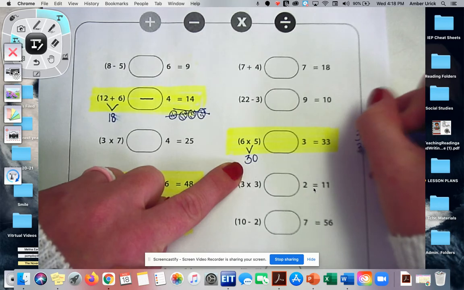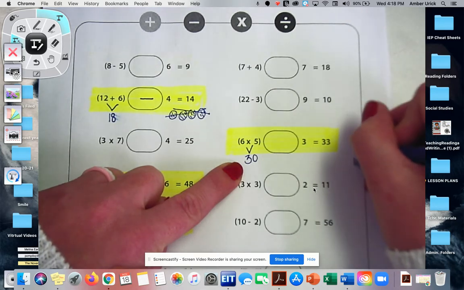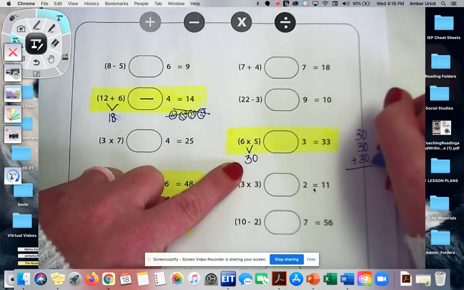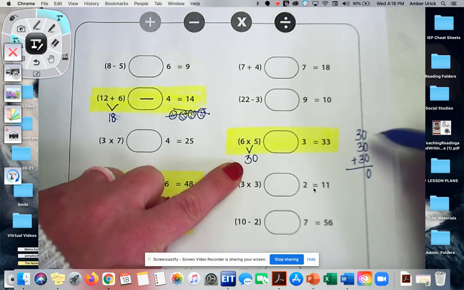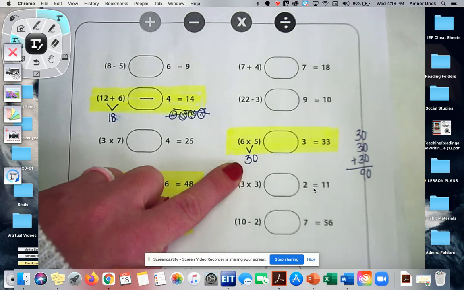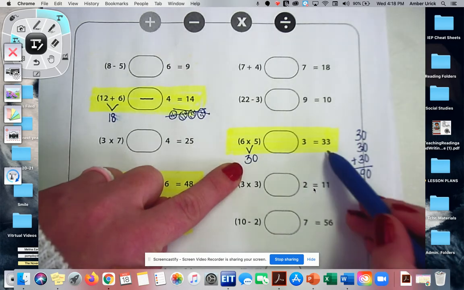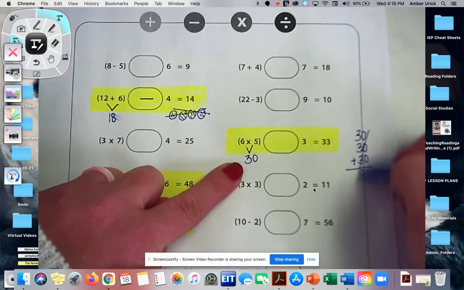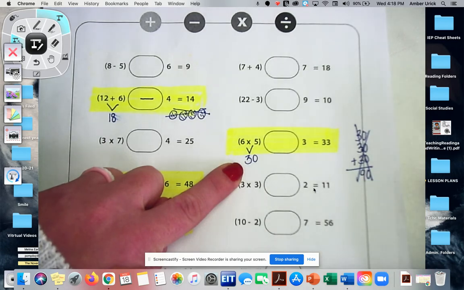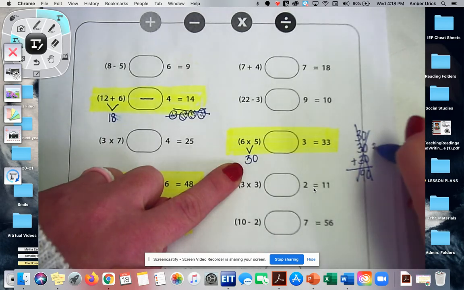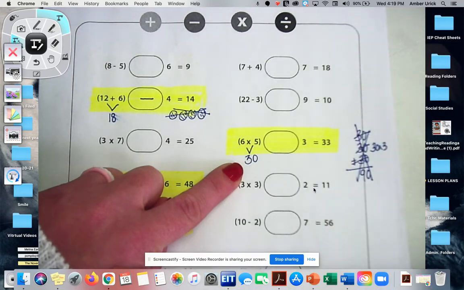30 plus 30 plus 30. 0 plus 0 plus 0 is 0. And 3 plus 3 is 6. And 6 plus 3 is 9. Holy strombolis. Did I get 90 over here? I know I'm not multiplying because this is 30 times 3. That's 1, 2, 3 times, right?